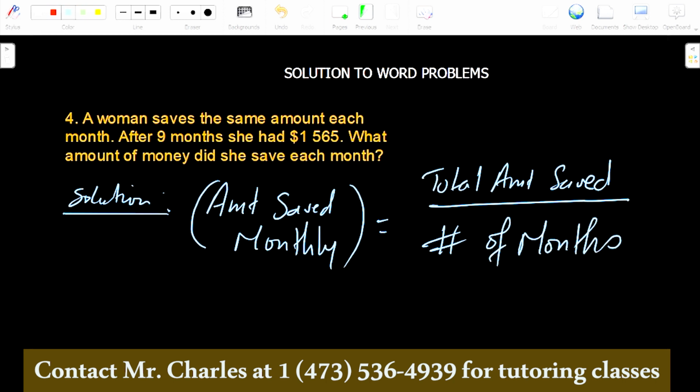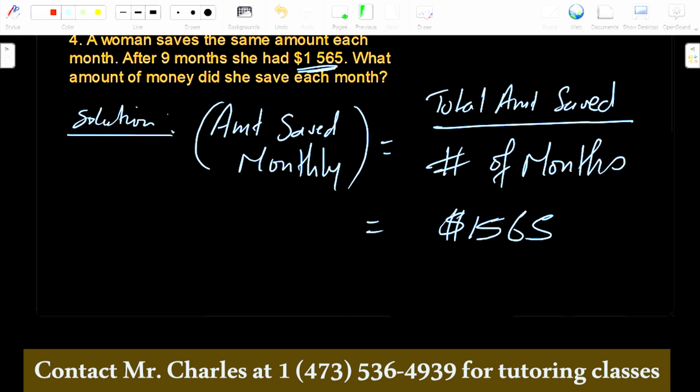And the total amount saved according to the question is $1,565. And then you divide that by the number of months, which is 9 months.